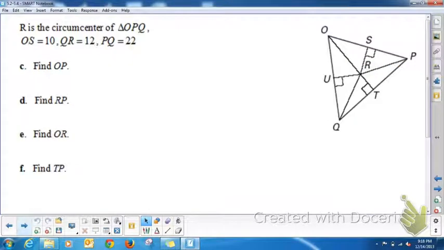Let's try some more. So R is the circumcenter. Circumcenter means that these are perpendicular bisectors. Therefore, R is equidistant from the endpoints of each of these segments.